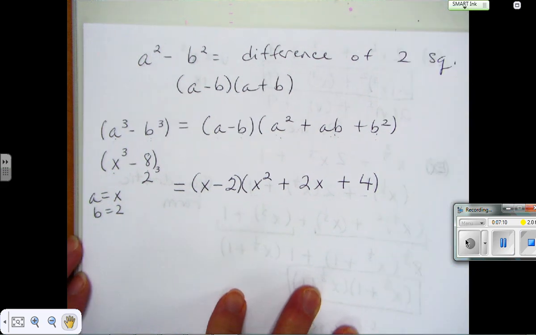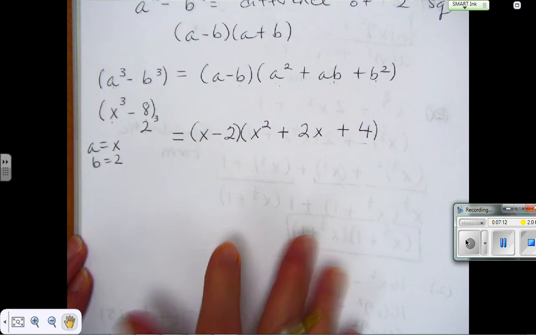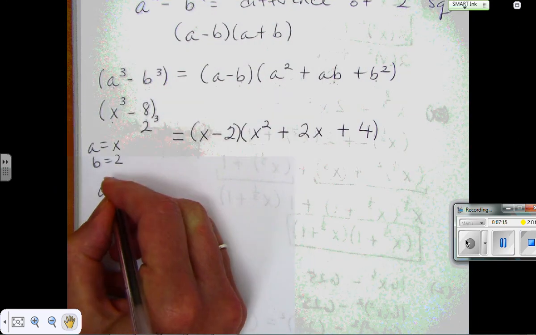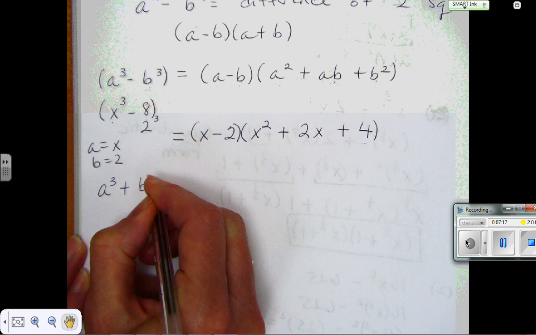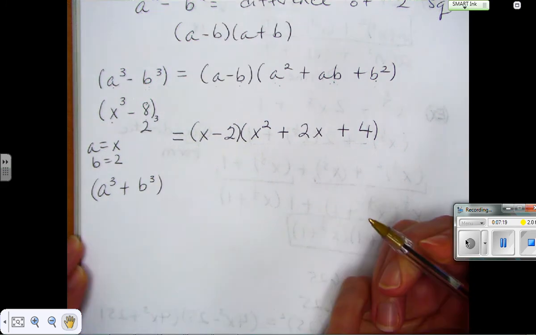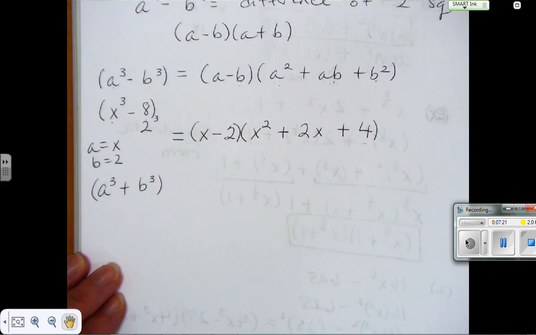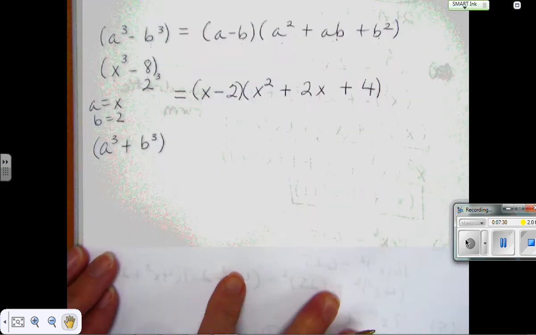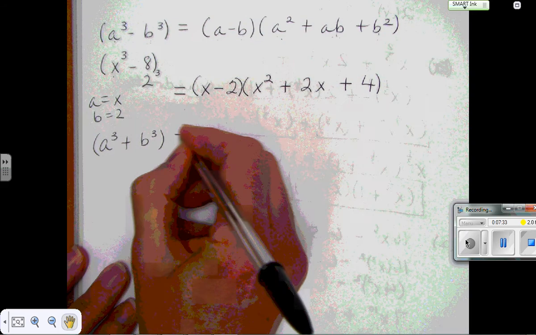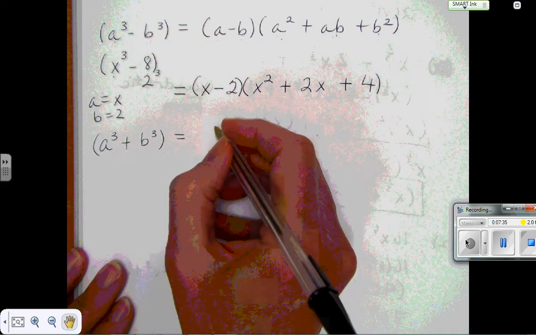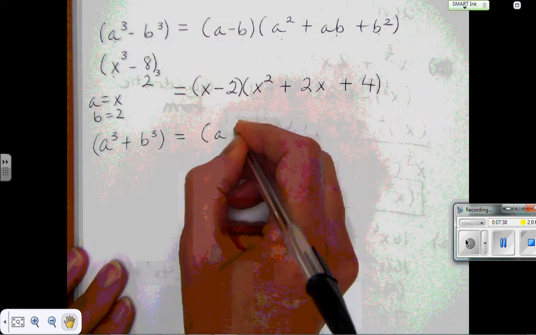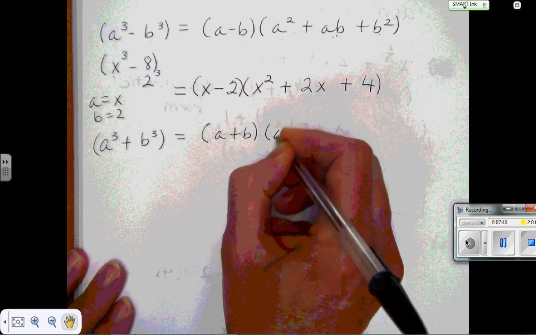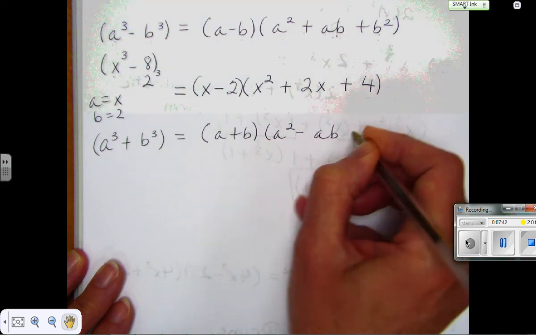Okay, so I'm going to show you a sum of two cubes, which is very similar, of course, but they're being added together instead of being subtracted. So you're going to have to be able to recognize if your terms are perfect cubes or not. You're going to have to start thinking about that whenever you see a problem that they're telling you to factor. A sum of two cubes will factor into, that pattern is a plus b, a squared minus ab plus b squared.